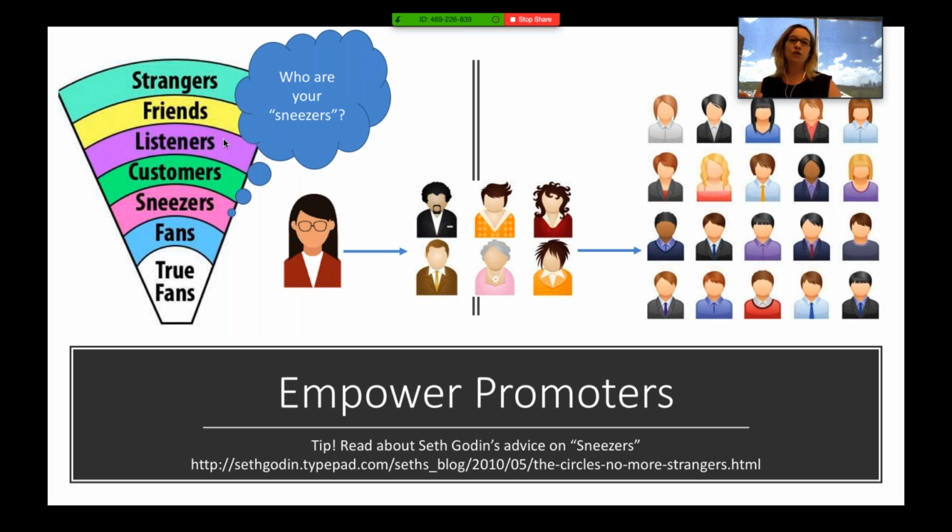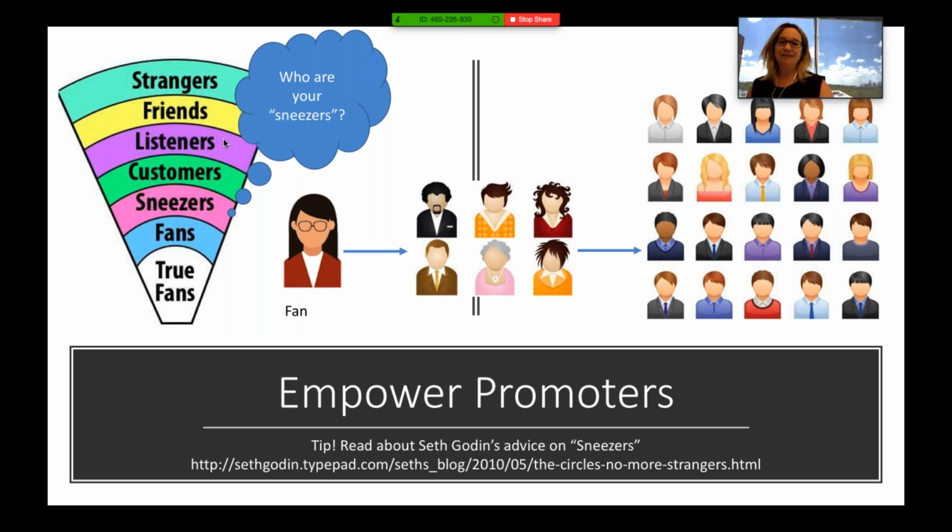And so I don't think that this only applies to products and services in the for-profit space. I think this applies to nonprofits all the same. People who are fans of your work, fans of the programs and the services that you provide and the impact you're making. And thinking through how you take those fans and those sneezers and have them sneeze their message and your message upon everyone else.